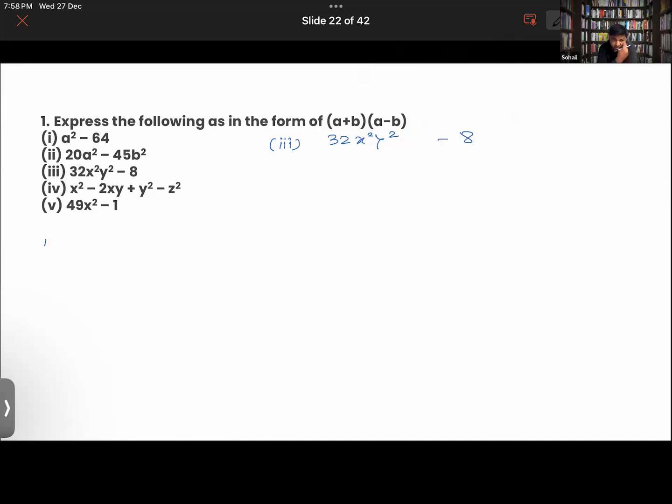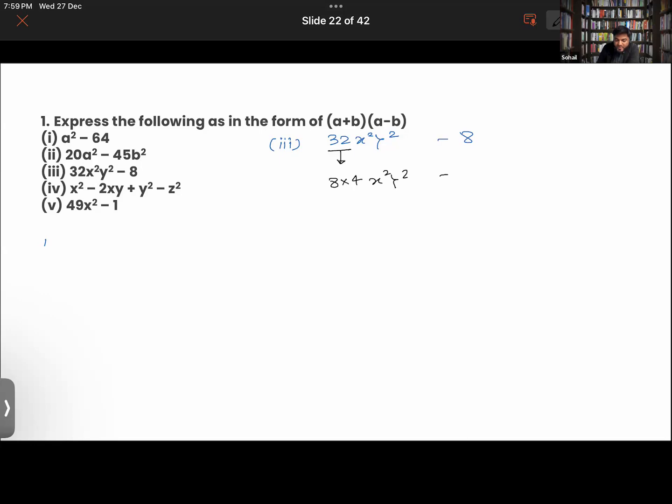So 8 into 4, exactly 8 into 4 we will be taking here, because it will be easier for us to take the square root there, right? So let's write 32 as 8 times 4x square y square.